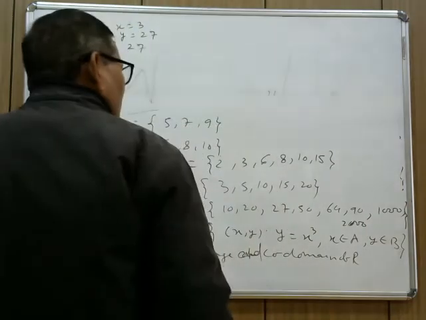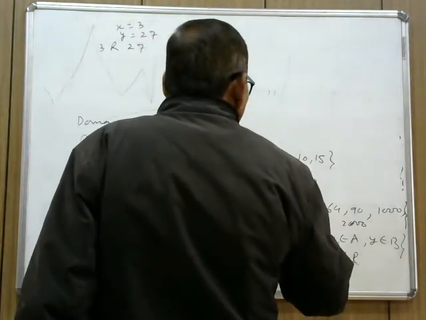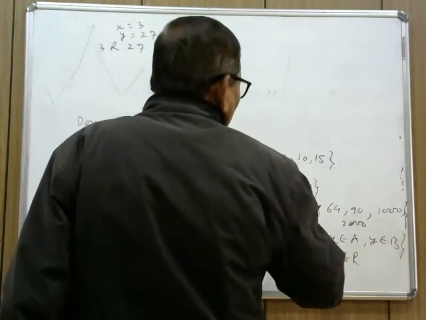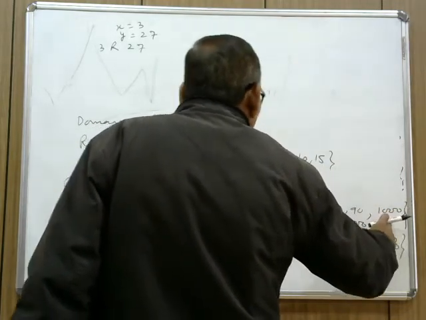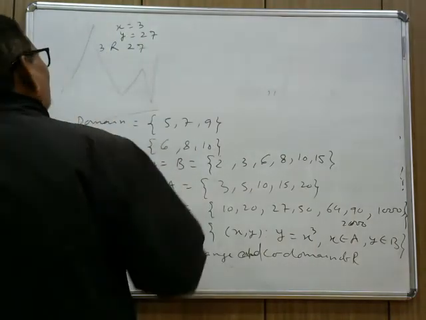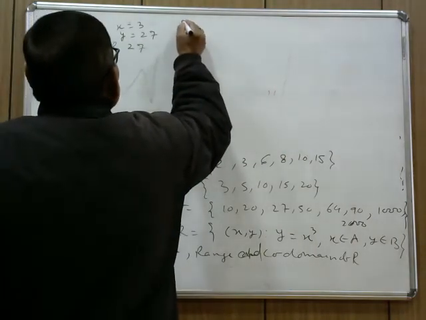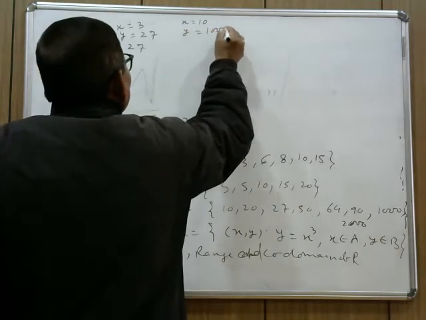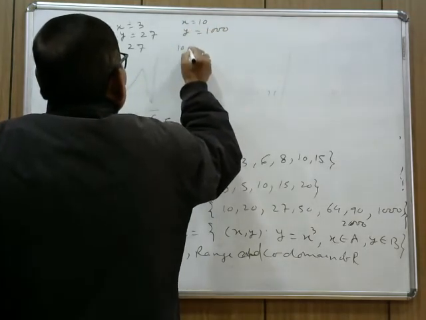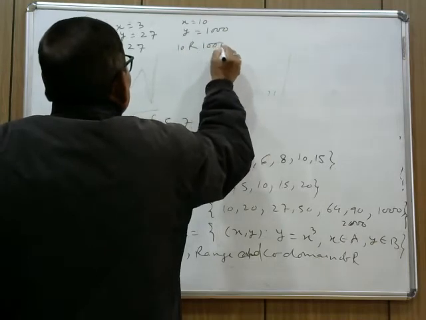And next one, 50 is not the cube of anyone. 64, no. 90, no. 1000 is the cube of 10. When x is 10, then y is 10 cube, 1000. So 10 is related to 1000.